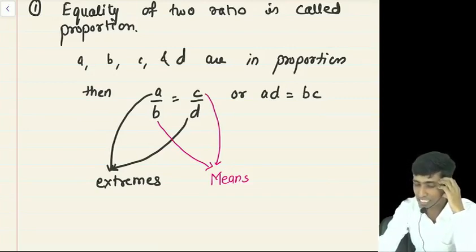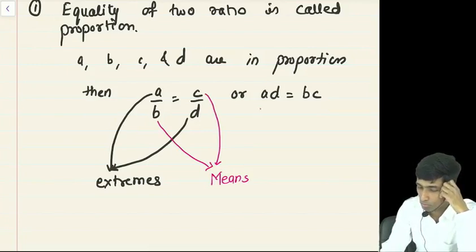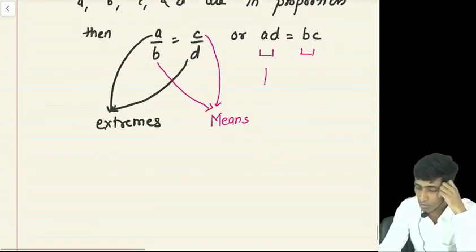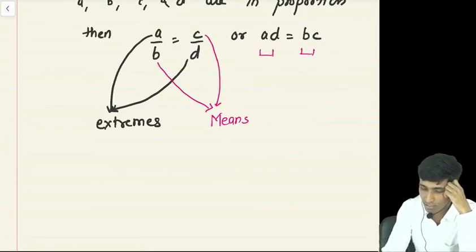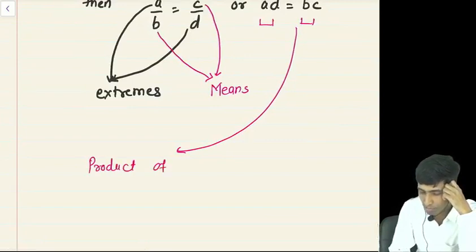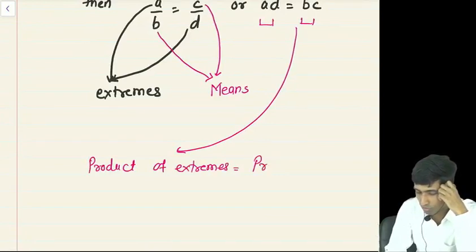Extremes. B and C are called what? Means. Right now, product of extremes is equal to product of means. Write this, or make an arrow and write.